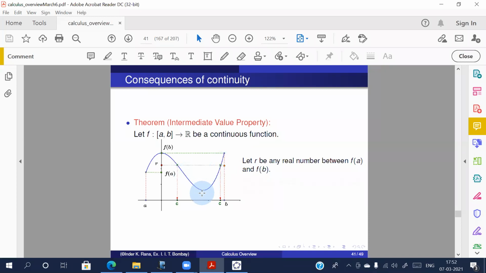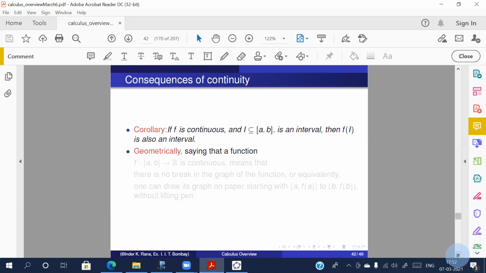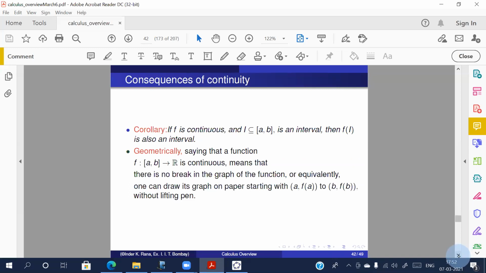So limit helps you define continuity, and continuity helps you identify a feature of the function, namely that the graph cannot be broken. Let us go over a bit more. Geometrically, it says what I have already described.